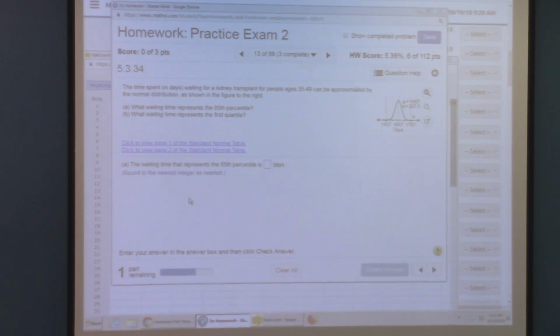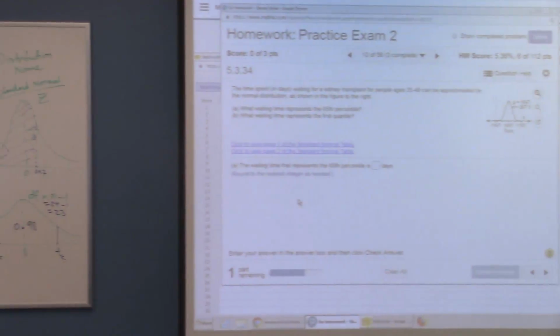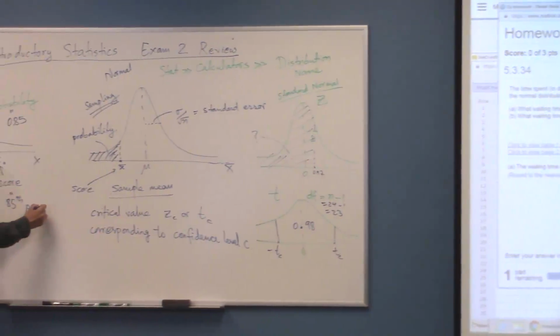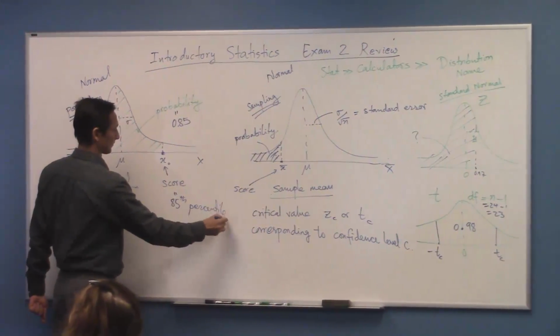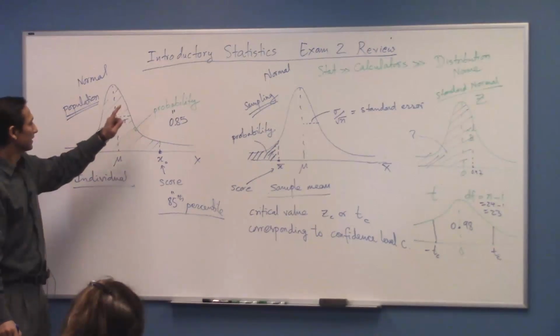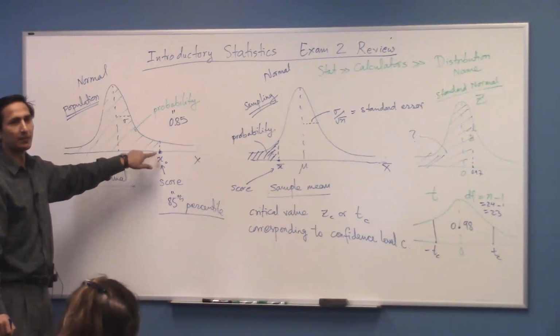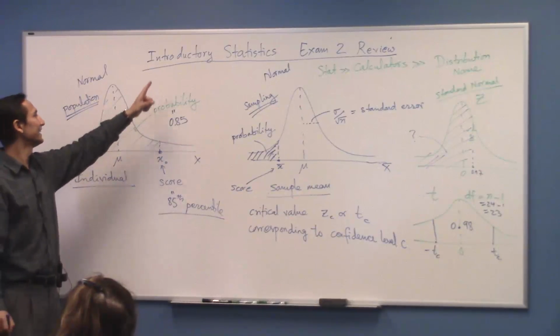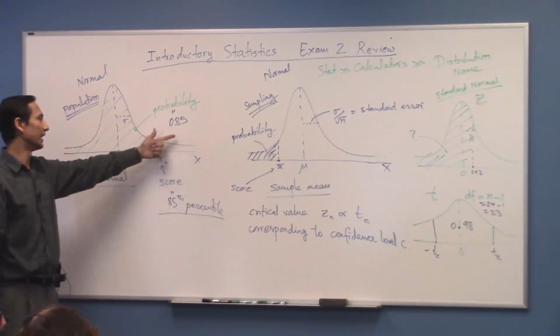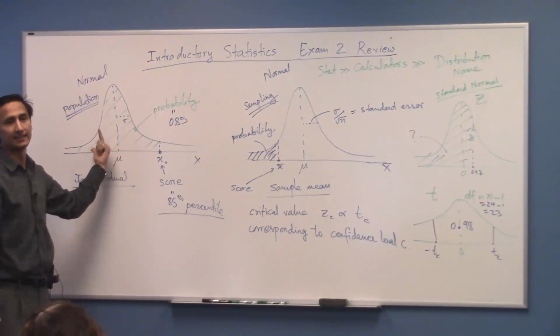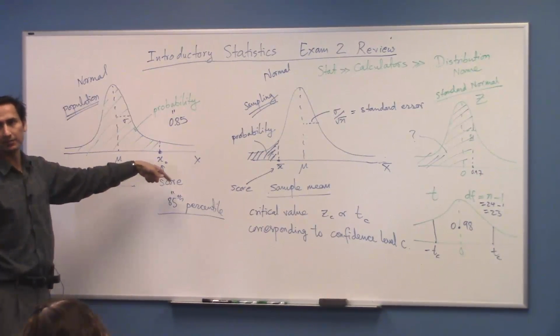What is an 85th percentile? It's nothing but when this probability is 85, you call this the 85th percentile. Right? The score below which there is exactly 85% of data is called the 85th percentile.